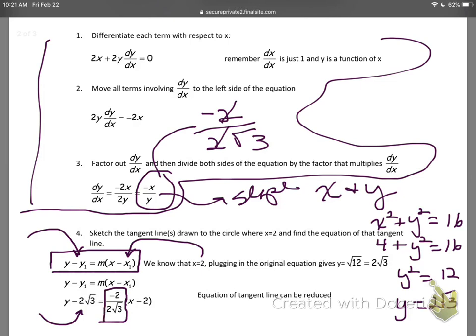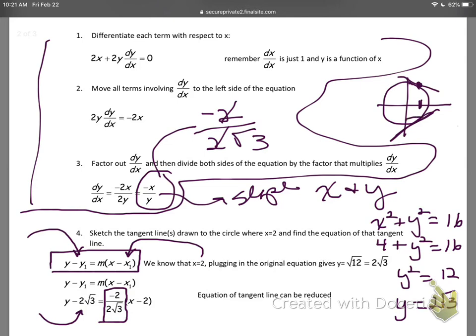So let's think about this for a second. Remember when we drew our circle, and this is a modified circle, we had the tangent line that we just found here, assuming that this is going to be 2. There's another one. How is that going to be different? Will the y value be different? Oh yes.